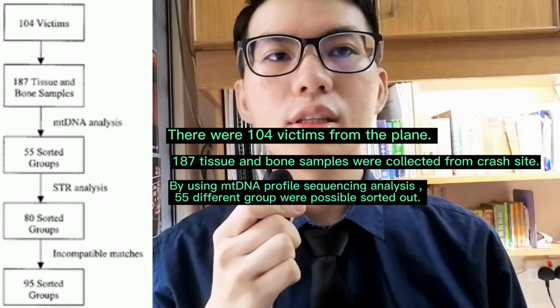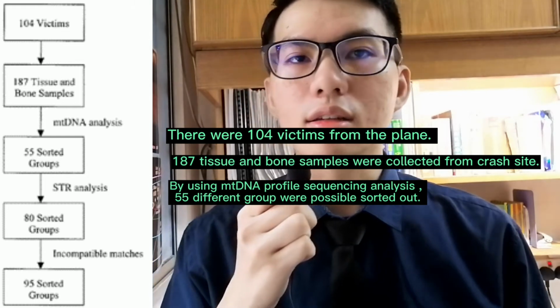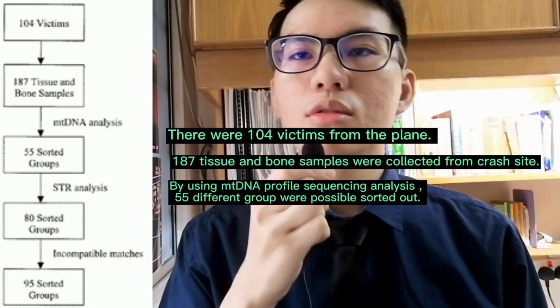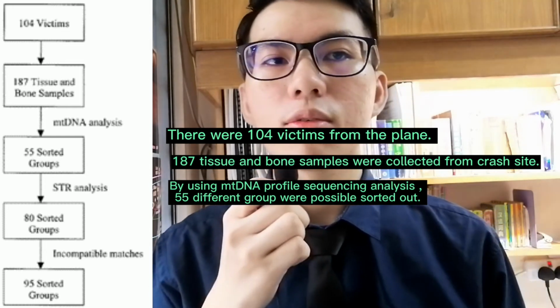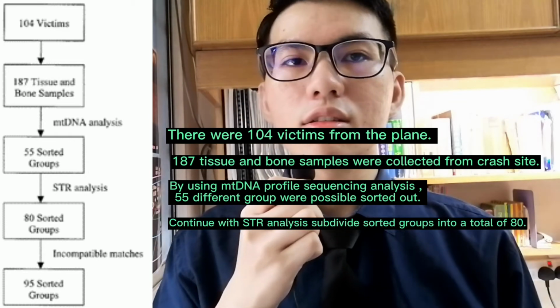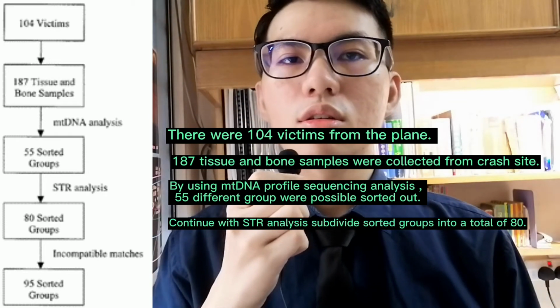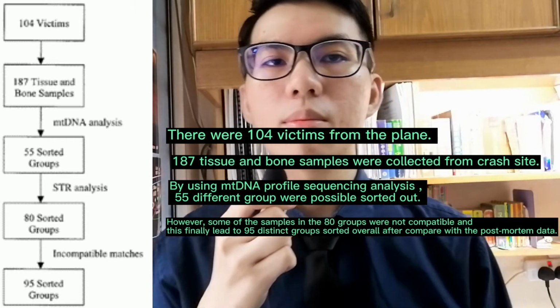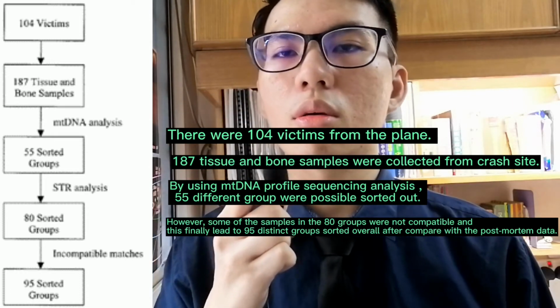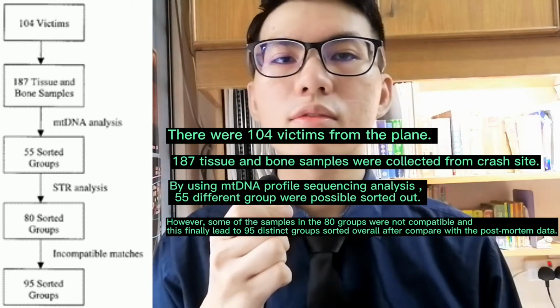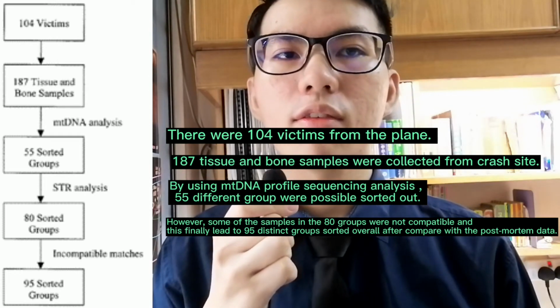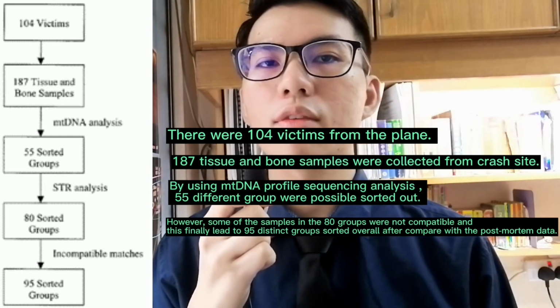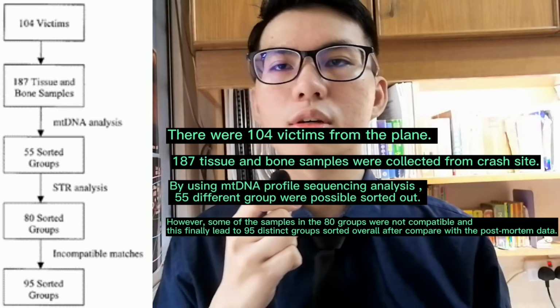By using mitochondrial DNA profile sequencing analysis, 55 different groups were sorted out. We continued with STR analysis, which subdivided the sorted groups into a total of 80. However, some of the samples in the 80 groups were not compatible. Hence, this finally led to 95 distinct groups sorted overall after comparison with post-mortem data.